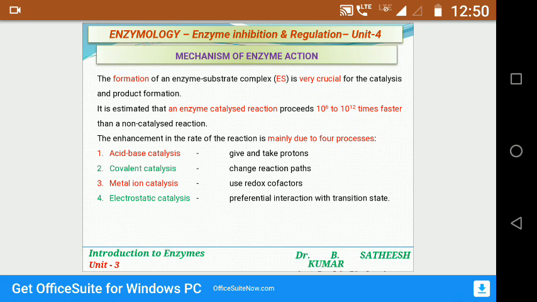That energy is utilized as the activation energy, so no further energy is required from an external source, and the substrate easily forms a transition state. So these are the four different mechanisms of enzyme action.